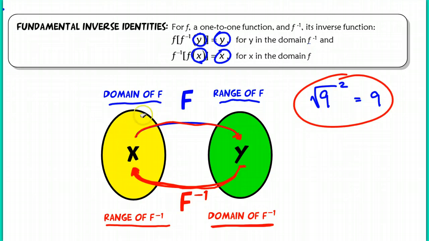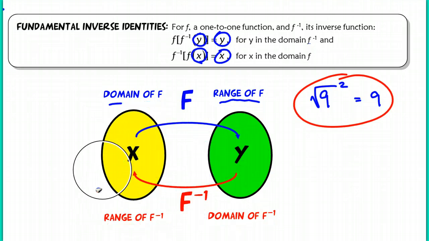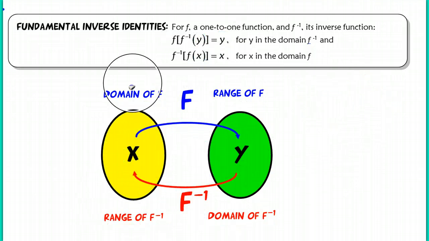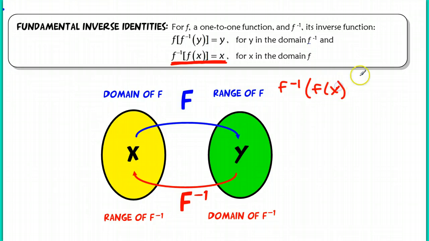So, let me erase here really quick. Let's break down this statement here. Okay, so I'm trying to take f inverse composed with f of x, and let's start with the inside here.